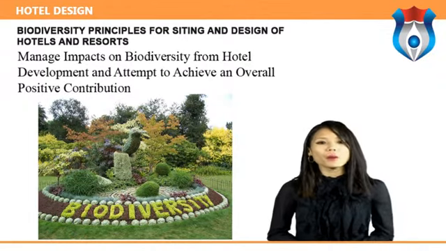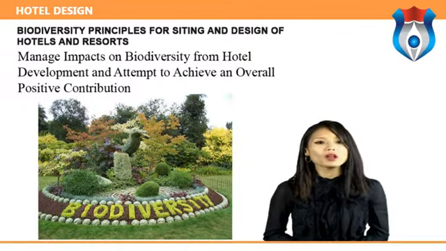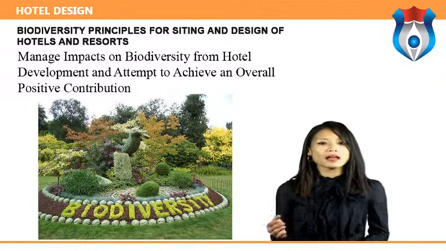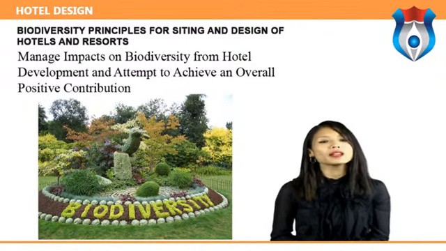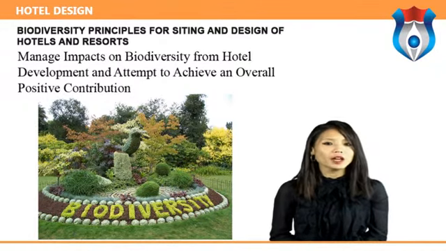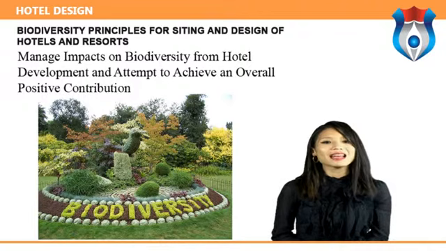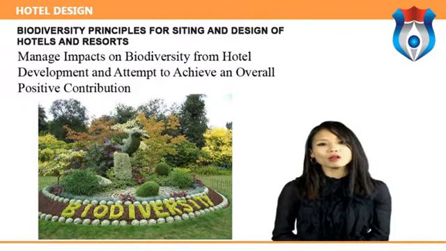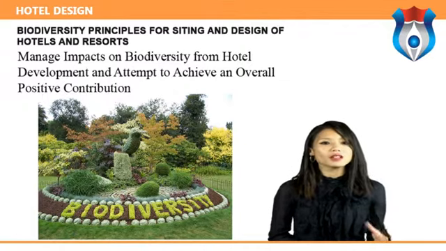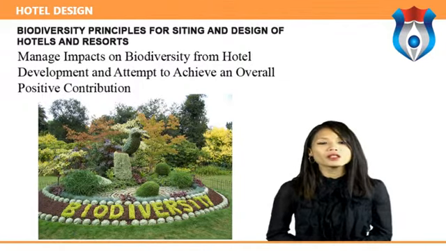Manage impacts on biodiversity from hotel development and attempt to achieve an overall positive contribution. Hotel and resort developers make all efforts to avoid negative impacts on biodiversity and associated livelihoods from siting, design and construction. When impacts are unavoidable, efforts are made to avoid the areas of greatest biodiversity value, minimize the extent of development impacts, restore affected ecosystems and biodiversity to the greatest extent possible, and invest in additional conservation actions within the vicinity of the development.